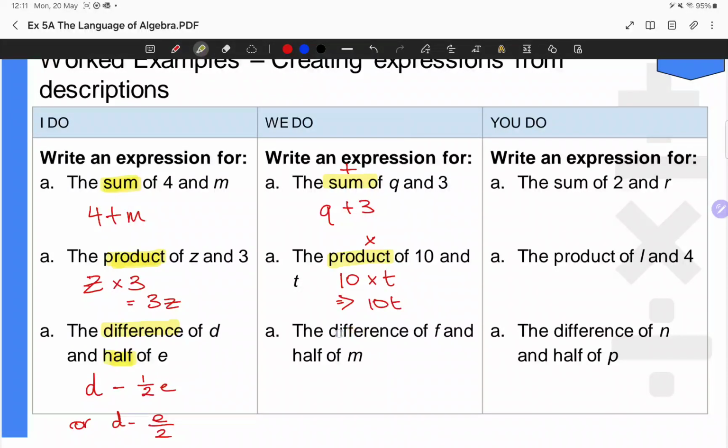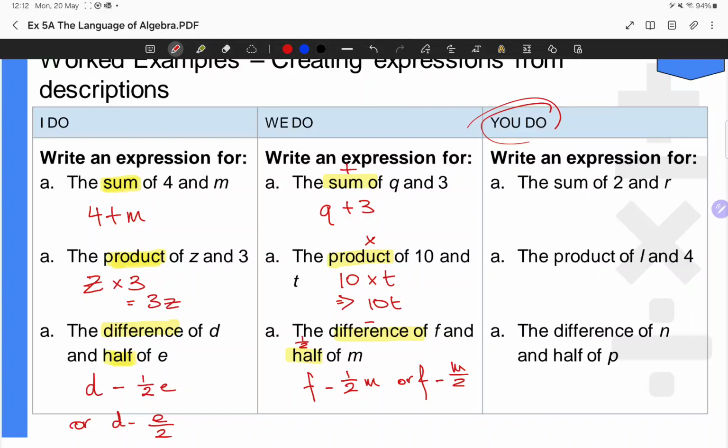And then the last one is difference. Difference is minus. And then we also have half, and half, of course, is 1 over 2. So the way you write it is F minus half M, or you can write F minus M over 2, either or. I'll give you a minute to do the you-dos, and then I will go through the answers.